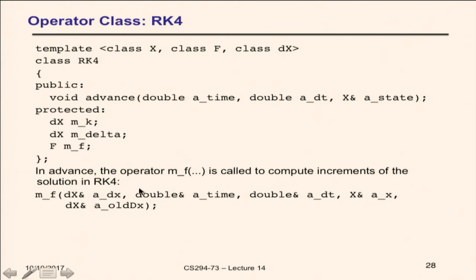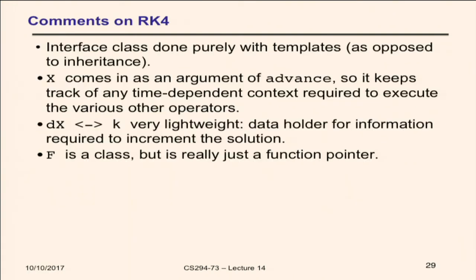This is your contract that you're programming to, is that your class f will have a function that takes dx and x and two doubles in this fashion that has the effect of incrementing and applying the right-hand side. So this is an example of an interface class done purely with templates.